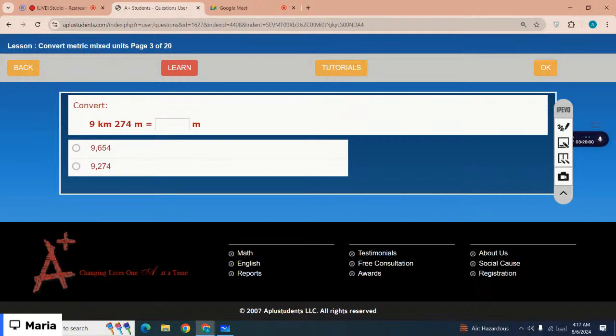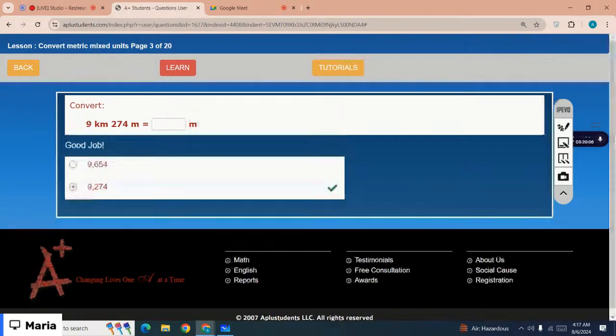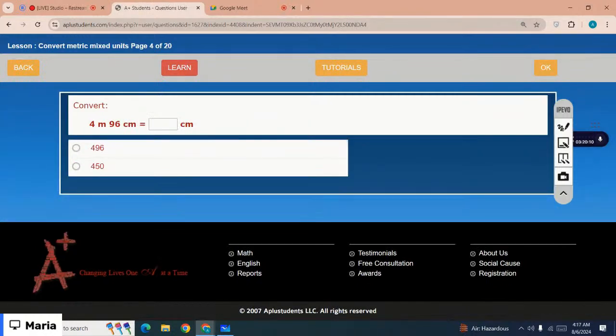The correct option is option number 2. 9270 meters is the correct option. 4 meters 96 centimeters. So which is the correct option?